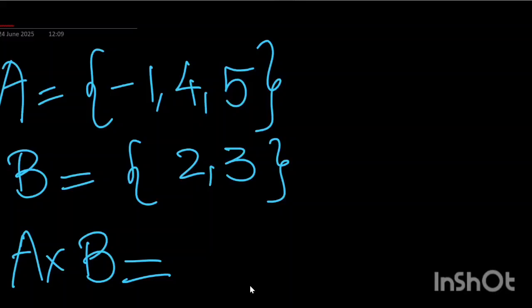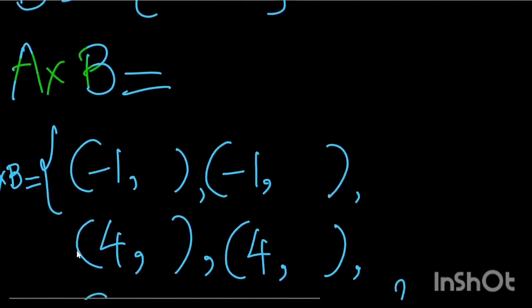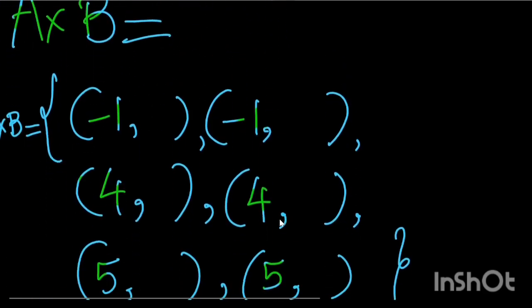So if A and B are two sets, A is {-1, 4, 5} and B is {2, 3}, what is A cross B? We have to find their Cartesian product. First we will write the first elements -1, 4 and 5, and then we will write 2 and 3.